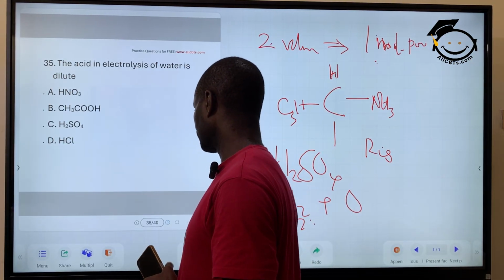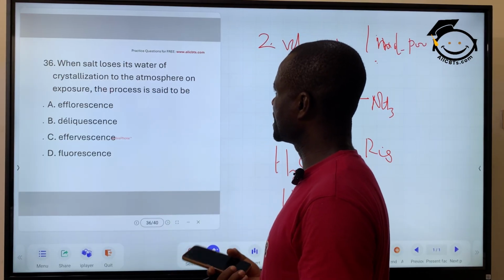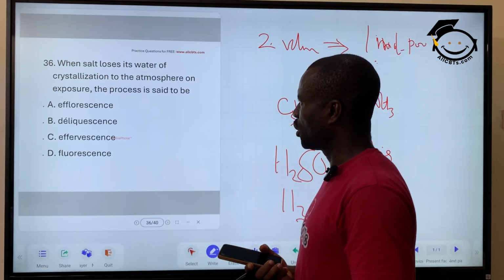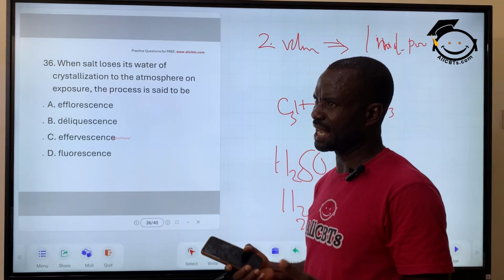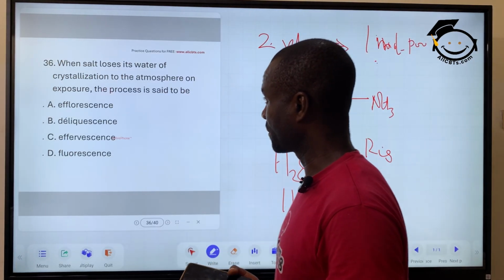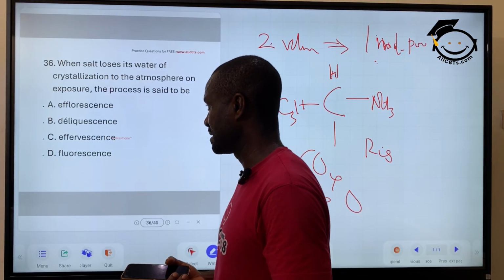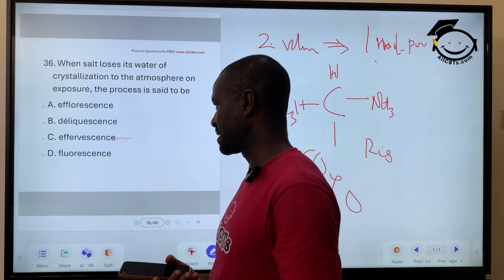Number 36. When a salt loses its water of crystallization to the atmosphere on exposure, the process is said to be efflorescence. B, deliquescence. C, effervescence.